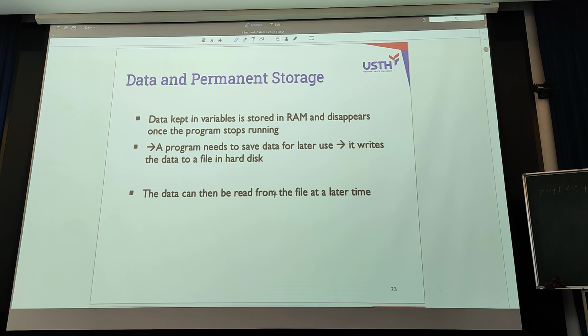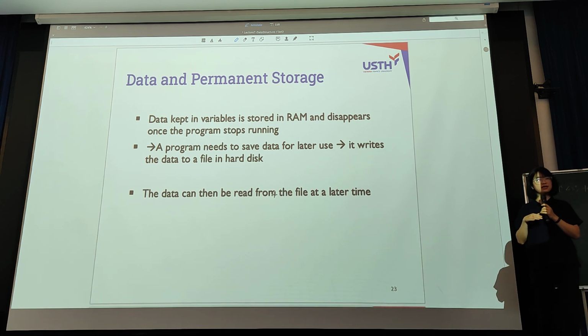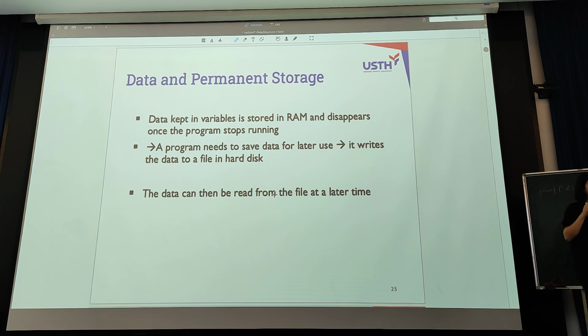So you have to distinguish between the data when you run the program and the data that's stored in the permanent storage. And in the other case, when you run the program, the data is generated, and you want to capture this data and save it into the permanent storage.